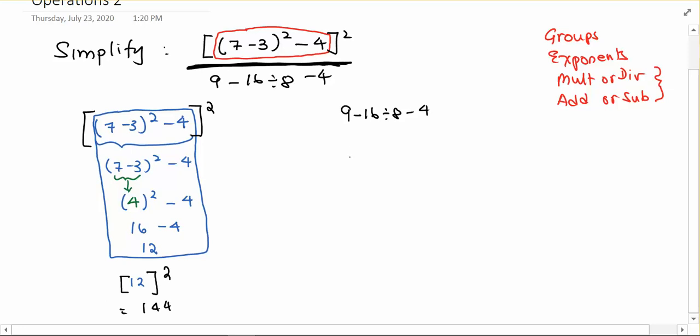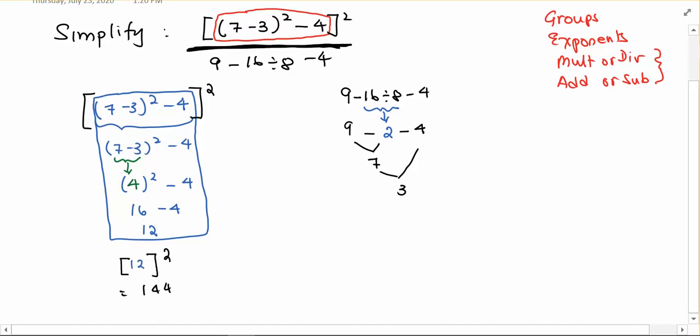So 16 divided by 8 is 2. And now I have a choice of two subtractions. Well, this is done left to right. So 9 minus 2 is 7. 7 minus 4 is 3. And there is my answer for the denominator.